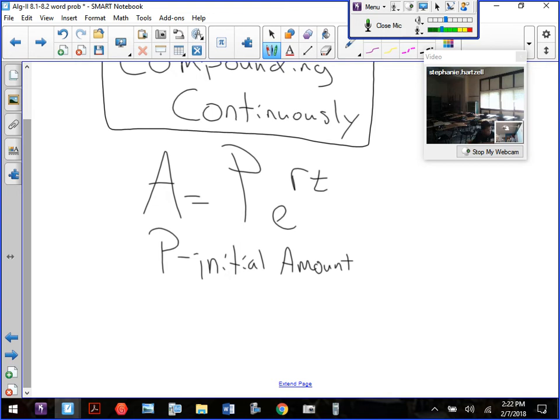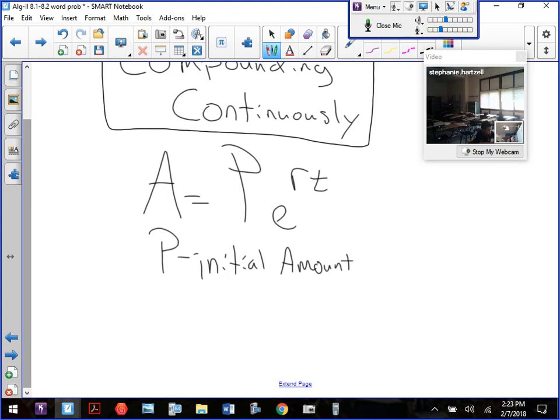So if it says something is compounding continuously, you use the PERT formula. If it says it's compounding annually or semi-annually, then you use the rate over n to the nt. That's the only difference here, guys. Compound continuously is PERT. The other one is the other one.